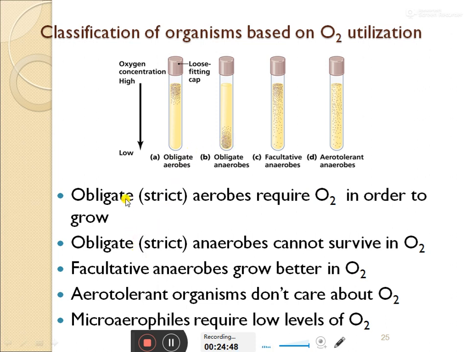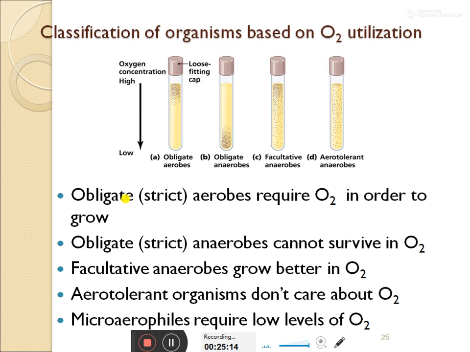Then obligate anaerobes, or strict anaerobes, are the bacteria which do not require oxygen for their growth, or they cannot survive in presence of oxygen. Then facultative anaerobes grow better in oxygen, meaning these are microorganisms which can grow in presence of oxygen, but they can also survive in absence of oxygen.